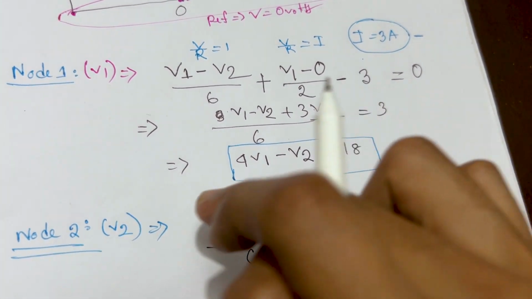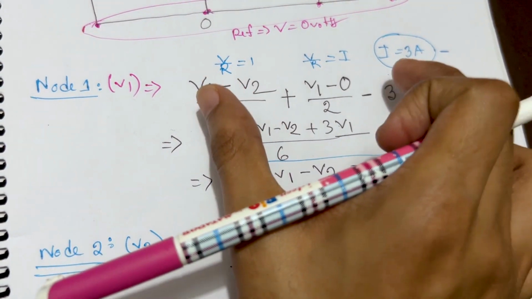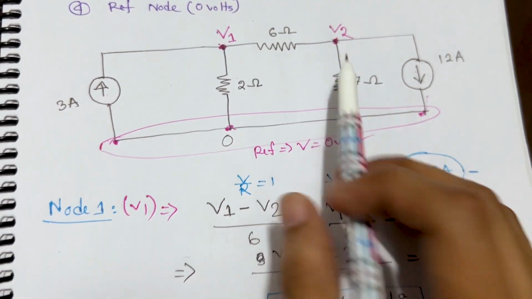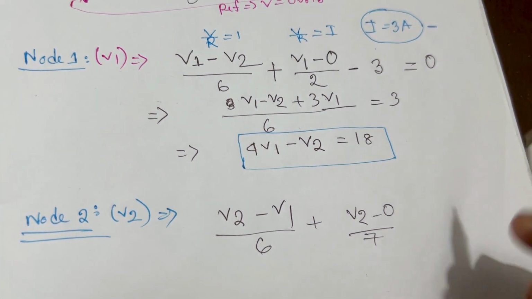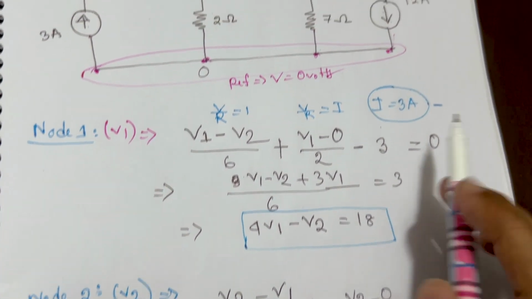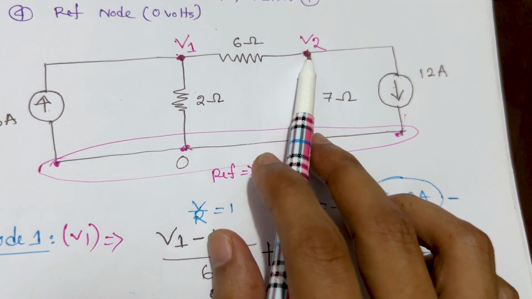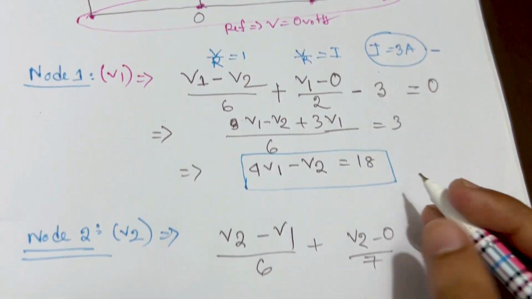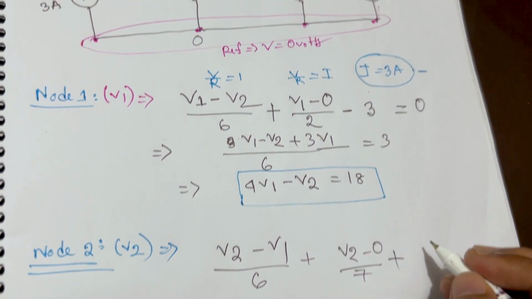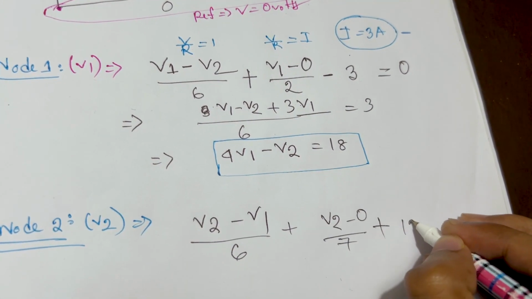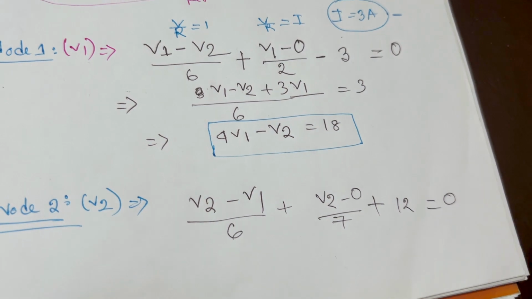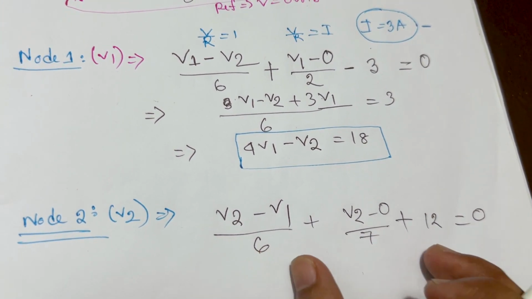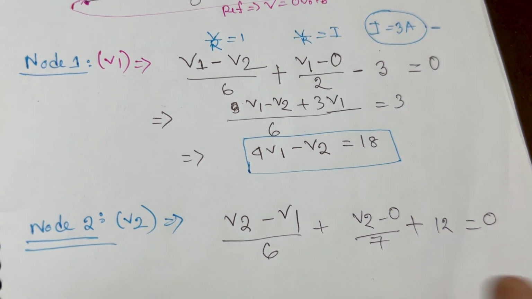We need to find V2 here, and we need two equations to find the node voltages. Suppose we want to find the node voltages V1 and V2, that's why we need two equations. Now the current source, suppose in this node V2 the current is leaving, so as you can see, if the current is leaving we add a positive sign to it, and this is 12, so overall is 0. So the total current entering and leaving the junction, their arithmetic sum, is 0.